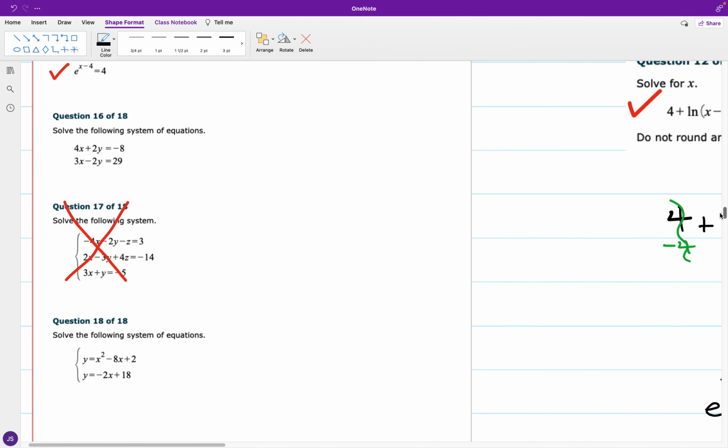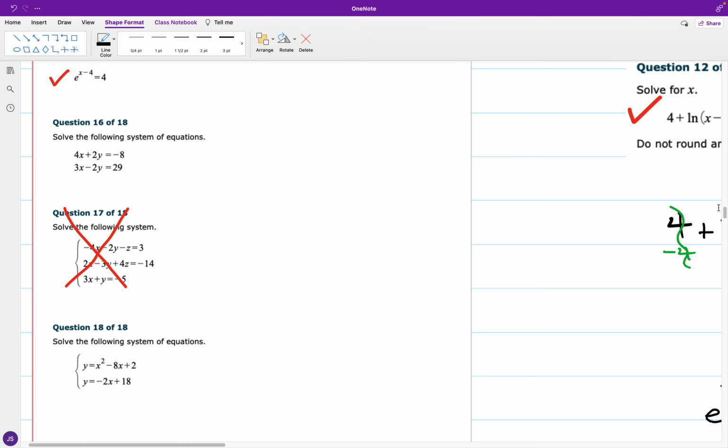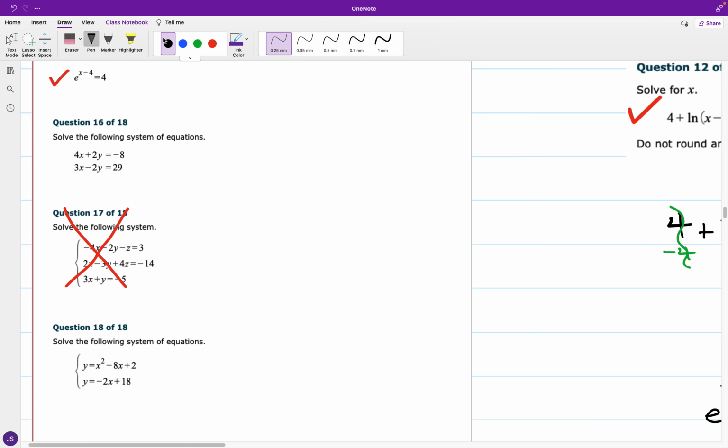And in terms of completing out, with our systems and the variables x and y, for 16 we have 4x plus 2y is equal to negative 8, and 3x minus 2y is equal to 29. If I add together, 2y and negative 2y go out. 4x plus 3x makes 7x.